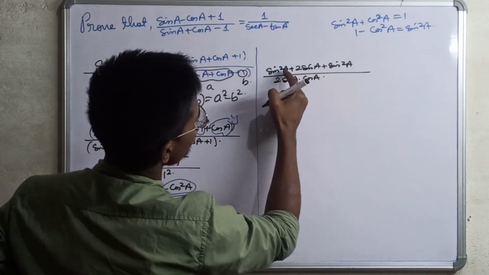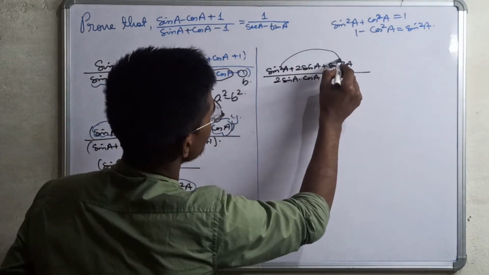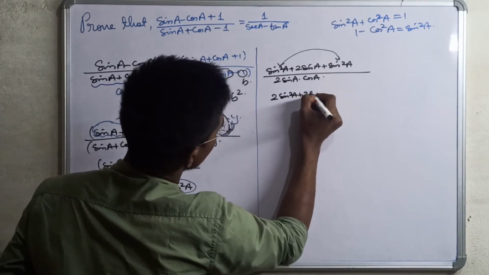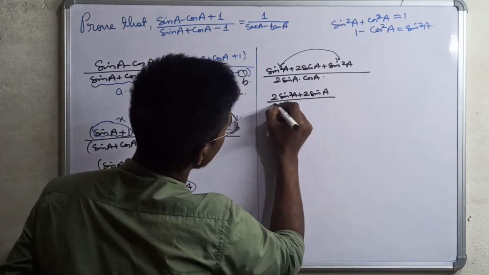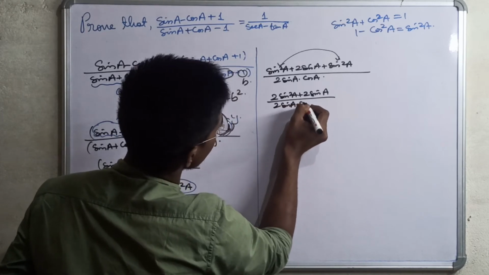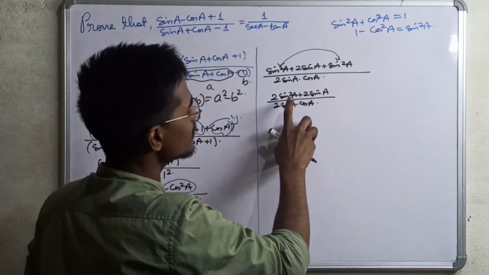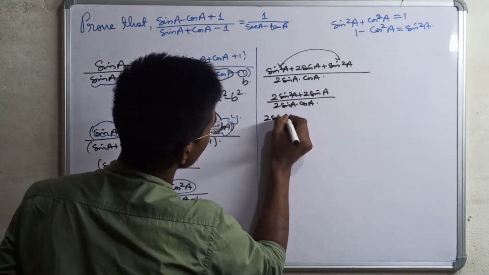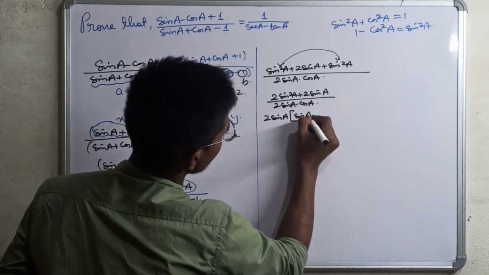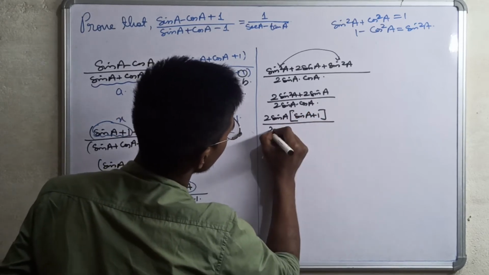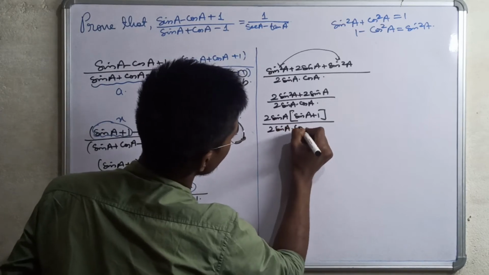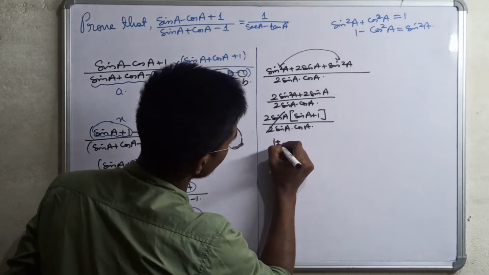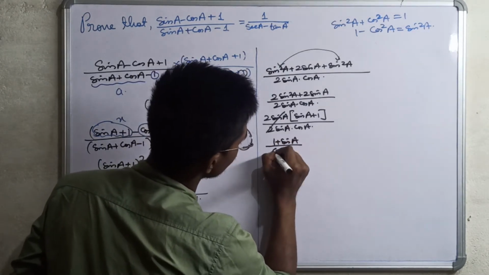Sin square a plus sin square a get combined and give you 2 sin square a plus 2 sin a upon 2 sin a into cos a. Now just take 2 sin a common from both the terms of the numerator. We will have sin a plus 1 over here, and in the denominator we already have sin a and cos a. So these 2 sin a will get cancelled. Fine, so we are having 1 plus sin a upon cos a.